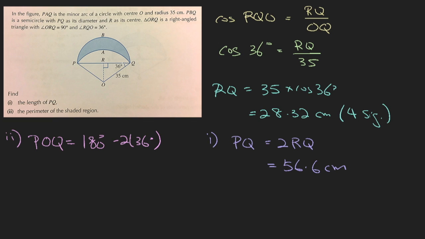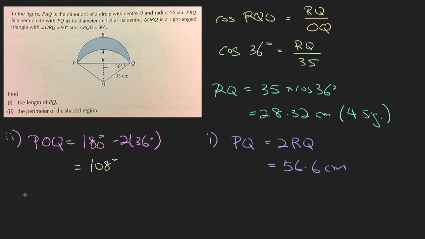So all triangles have the internal angles add up to be 180. So this angle will be 180 minus 36 minus 36. So this is equal to 108 degrees. And the arc here is simply just 108 over 360 times the circumference of this circle.